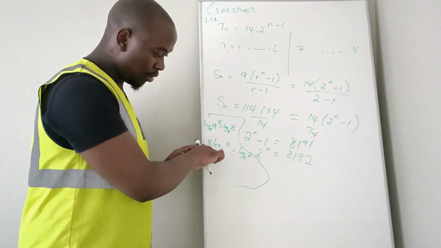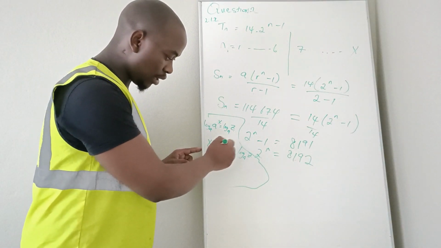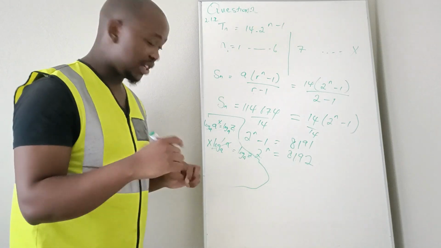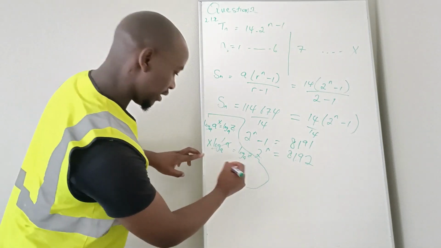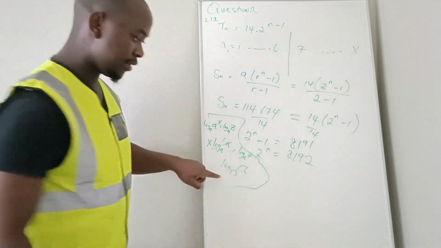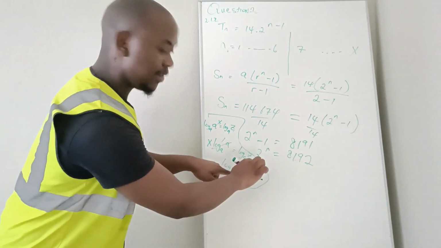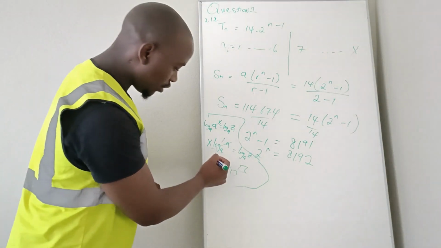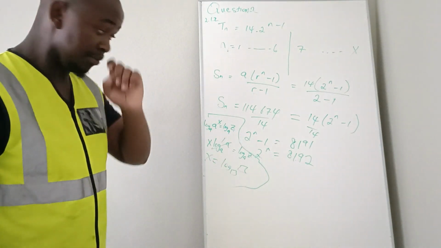We know that log_a a will cancel and become 1. So in your calculator, you press the log that has the square here and the square here. We put a here and whatever that value is, then we're going to find our x value.